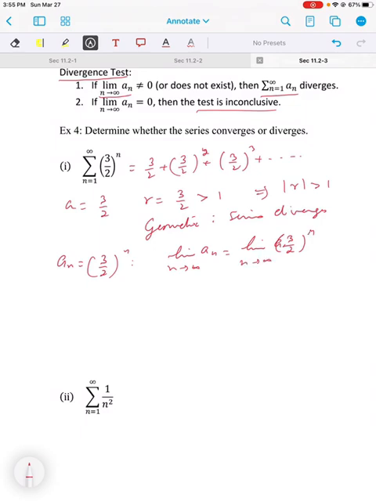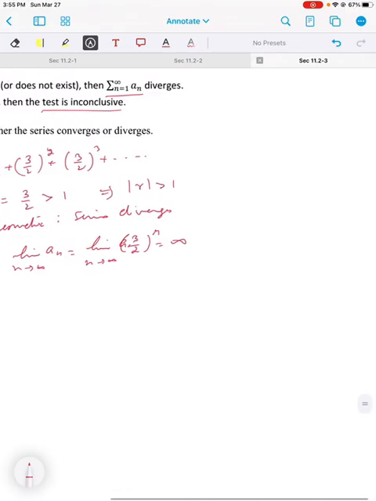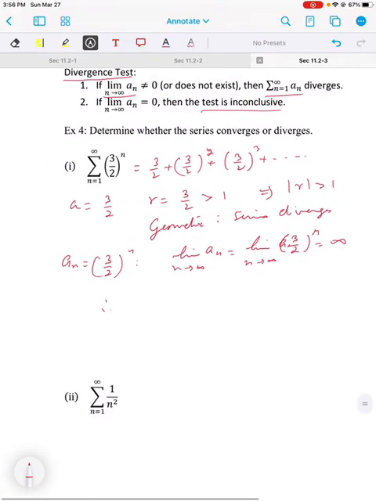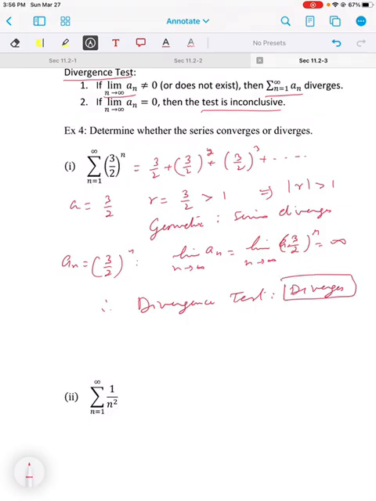And since 3/2 is bigger than 1, this will be infinity. Therefore, the divergence test tells us that it diverges. So by the divergence test, the series diverges.